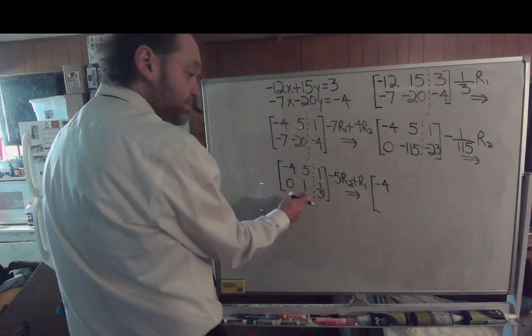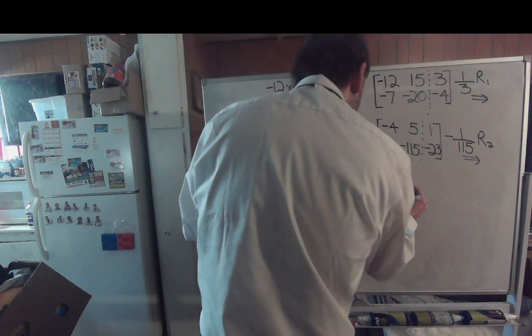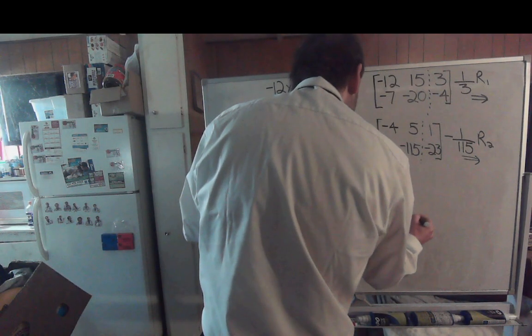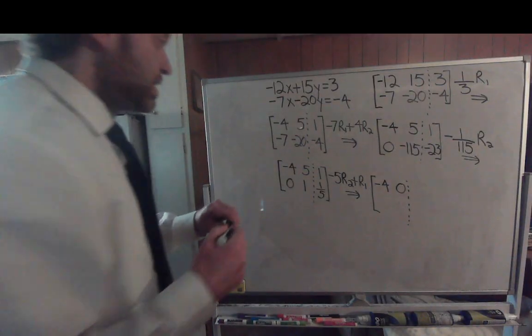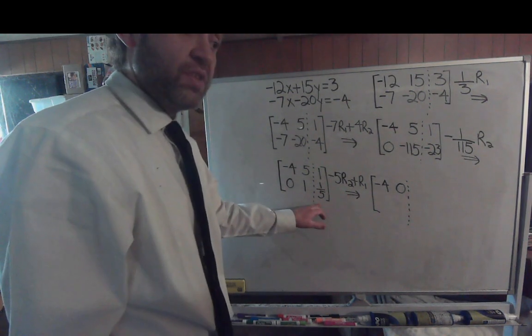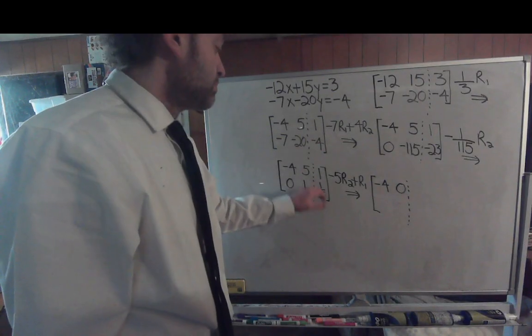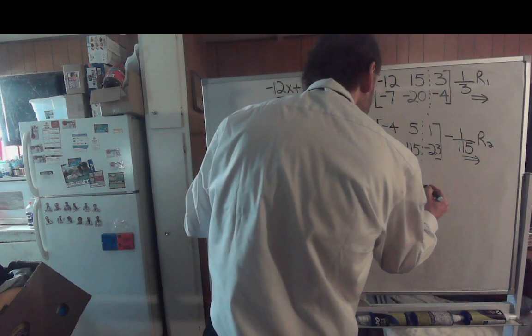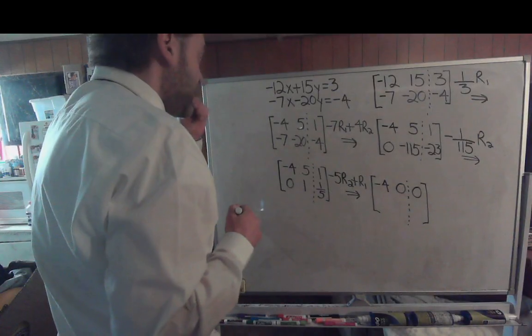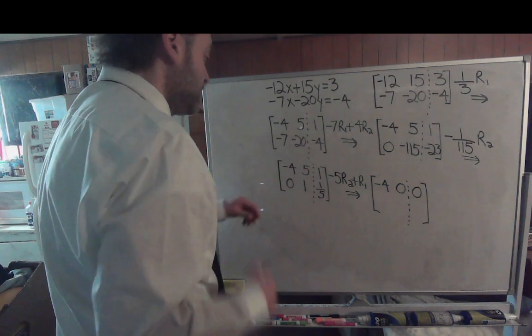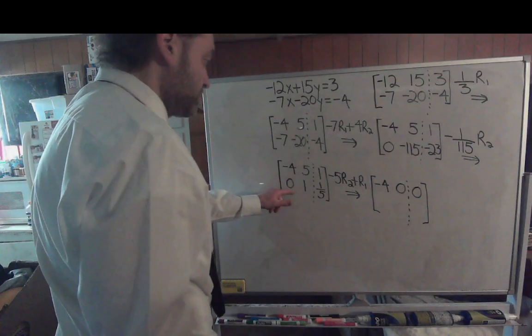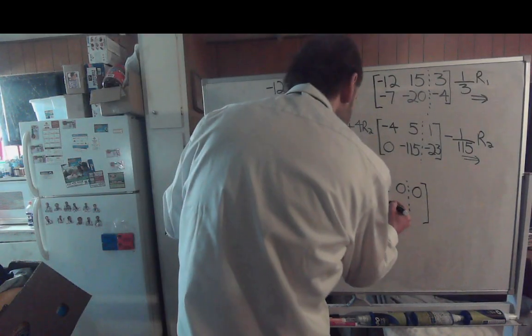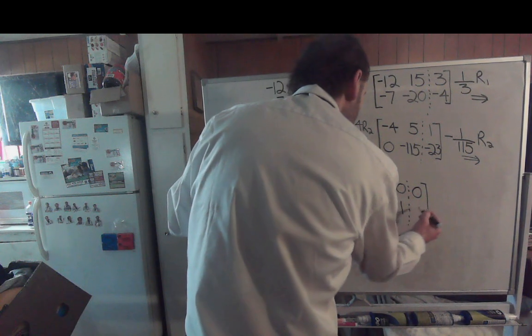Negative 5 plus 5 is 0. Alright, so negative 5 times 1/5 turns into negative 1 plus 1, which is actually 0 itself. And then you end up having, of course, row 2, which is going to be 0, 1, and 1/5.